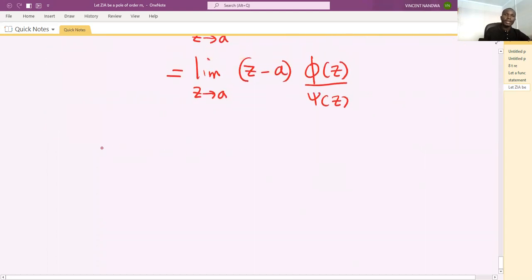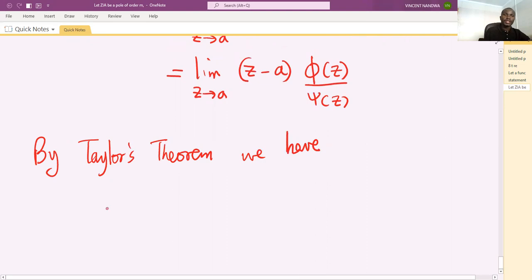So by Taylor's theorem, we have that the residue at z equals a will be limit as z approaches a.